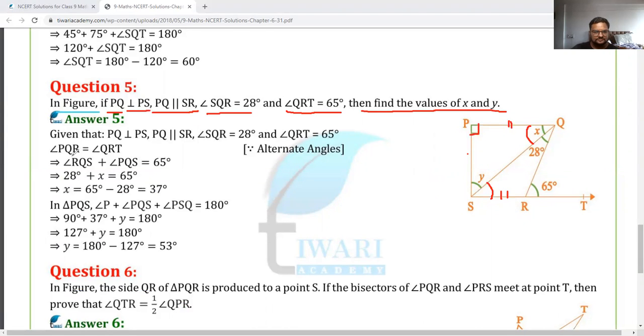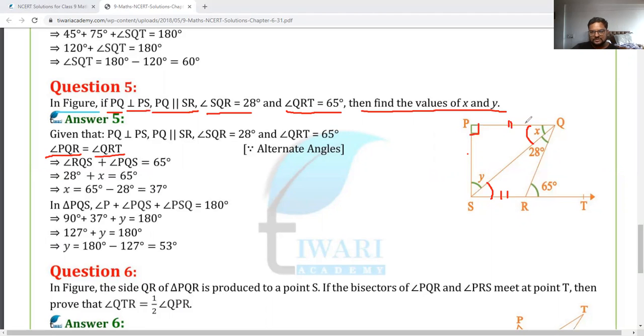First of all, as I said, PQR and QRT, these two angles are alternate interior angles.